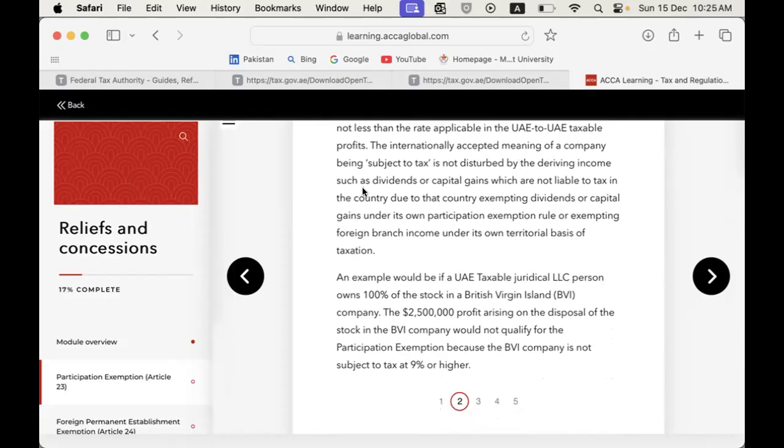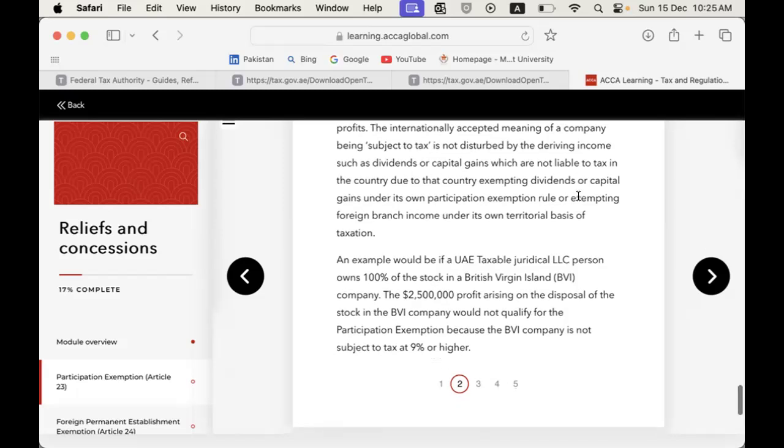The internationally accepted meaning of a company being subject to tax is not disturbed by its deriving income, such as dividends or capital gains, which are not liable to tax in the country due to that country exempting dividends or capital gains under its own participation exemption. So what is being said is that in the country from where the dividends are coming, even if that country exempts, that does not disturb the provision.